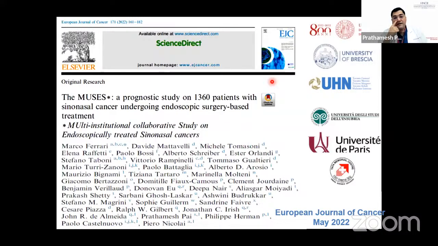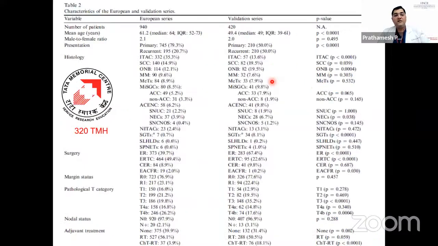Another thought is about histology. So you looked at the anatomical extent, try to understand whether you can make a decision based on the histology. This is a paper that I urge all of you to read. It was a prognostic study on 1360 patients based on sinonasal tumors undergoing endoscopic resection.